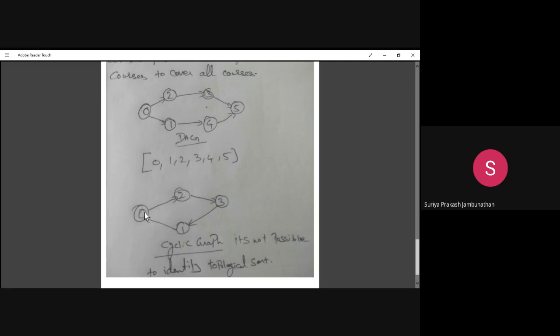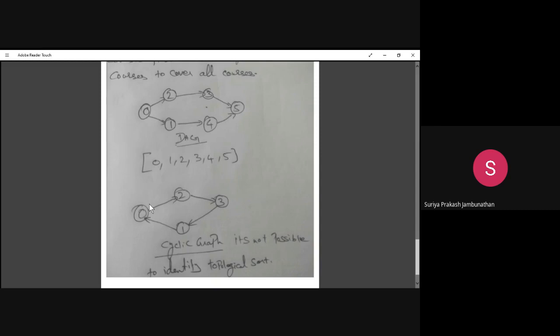For learning course 0, I have to learn course 1. For learning course 1, I have to learn course 3. For learning course 3, again I have to learn course 2. For learning course 2, I have to learn course 0 again. So you will not be able to find any solution in this given cyclic graph.